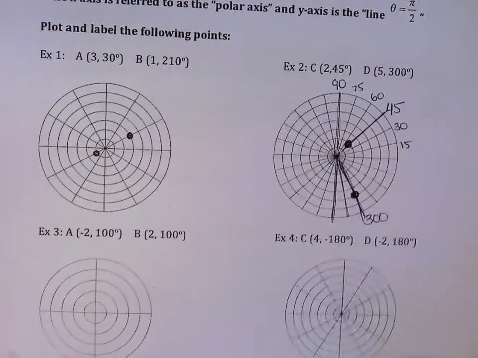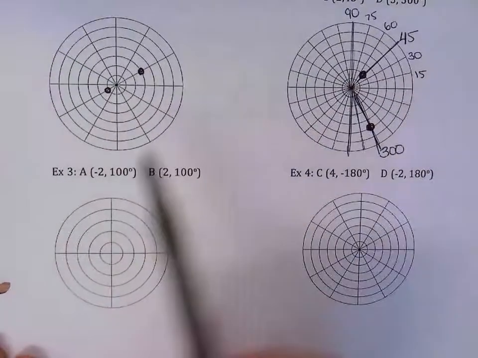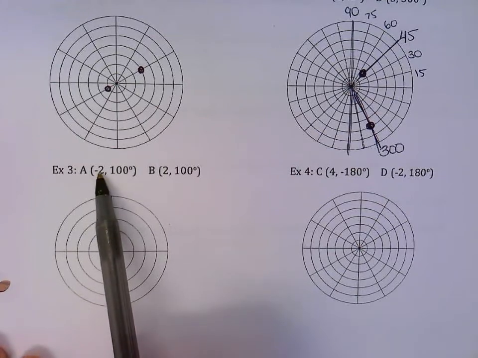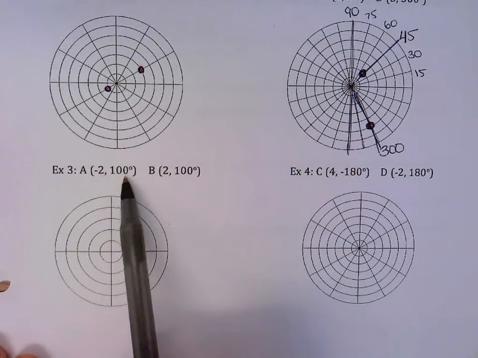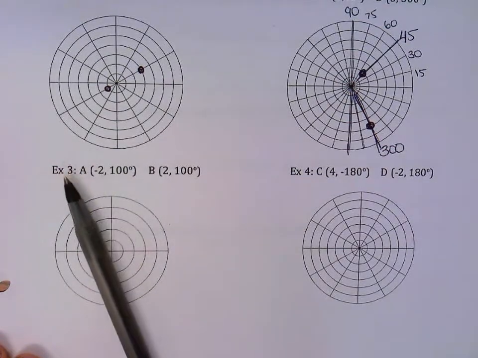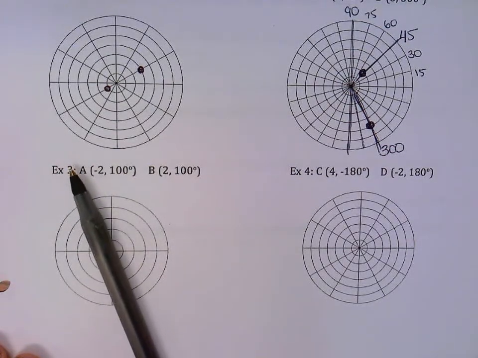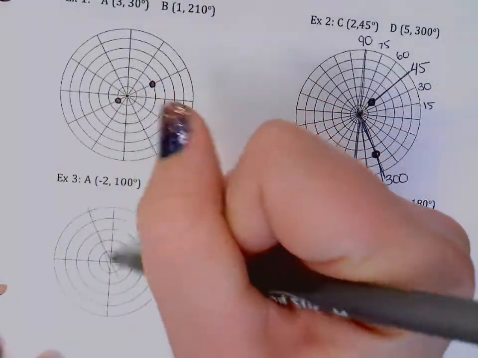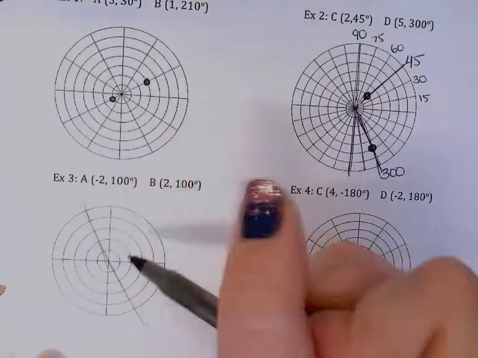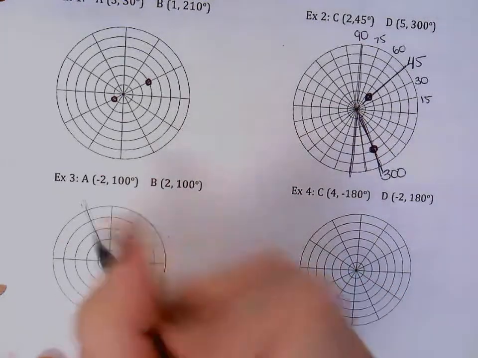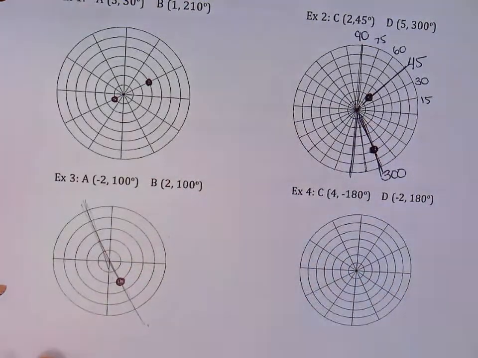Okay, so a negative R value. A negative R value basically tells you to walk in the opposite direction. So what you're going to do is go to 100 degrees. 100 degrees would be just past 90, right? Somewhere in this direction. So instead of walking 2 radii in the 100 direction, I'm going to walk 2 radii in the opposite direction of that line.